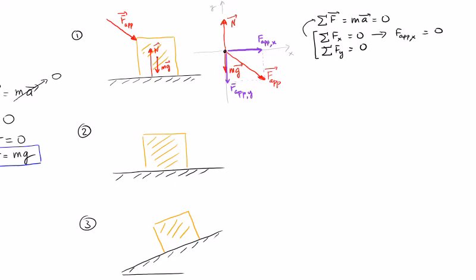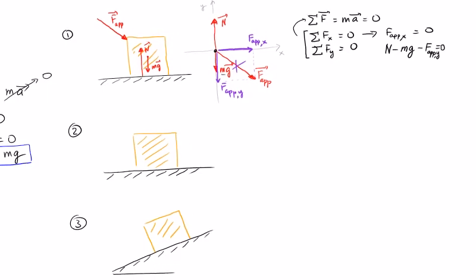And then for the y-axis, since we have resolved the applied force into components, we don't care about it anymore. So for the y component, we have the normal force to be positive, and then we have the mg that is directed towards the negative direction, minus mg, and F applied y equals 0.